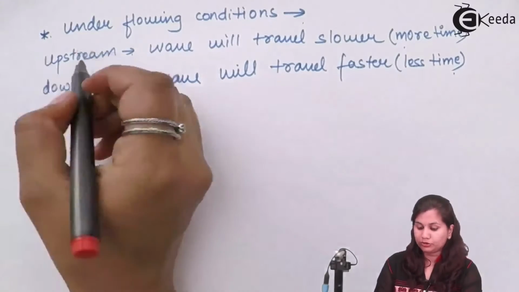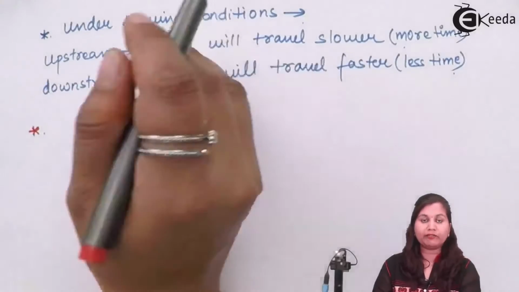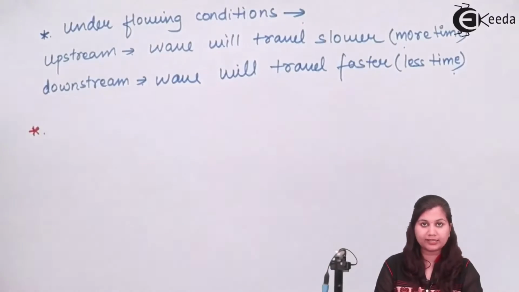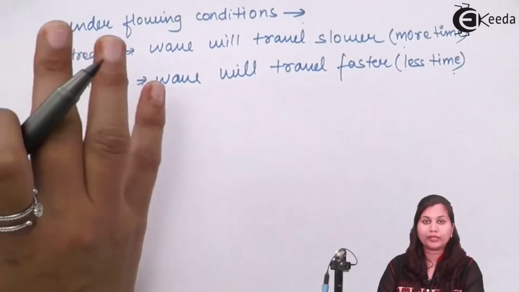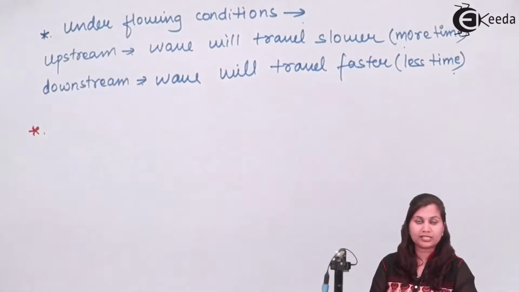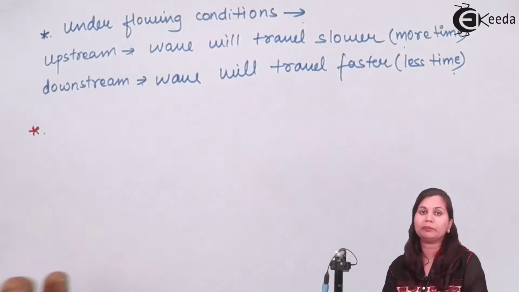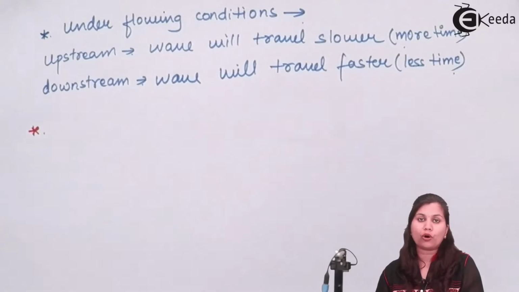Okay, so under the flowing condition, there will be a difference in the transit time in the upstream and the downstream condition. So we are going to measure the difference in the transit time, and with the help of that, we will be able to find out the flow or the velocity of the fluid.